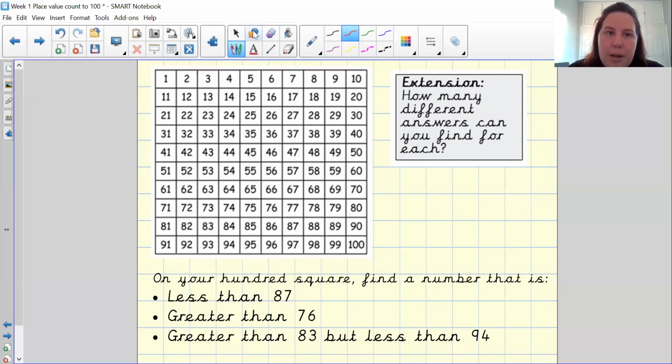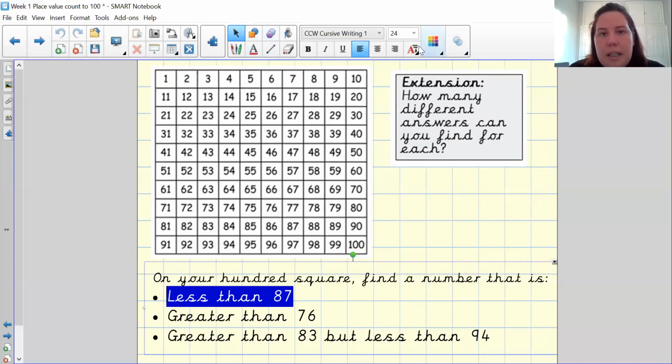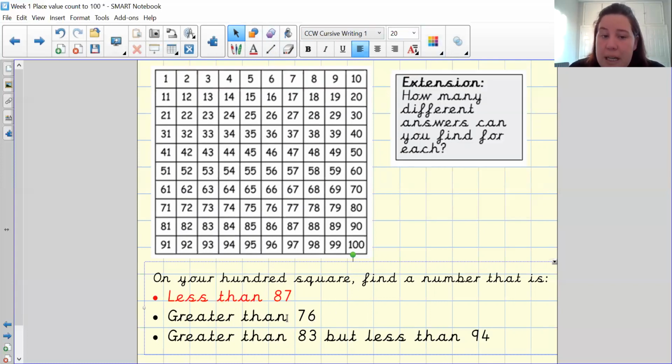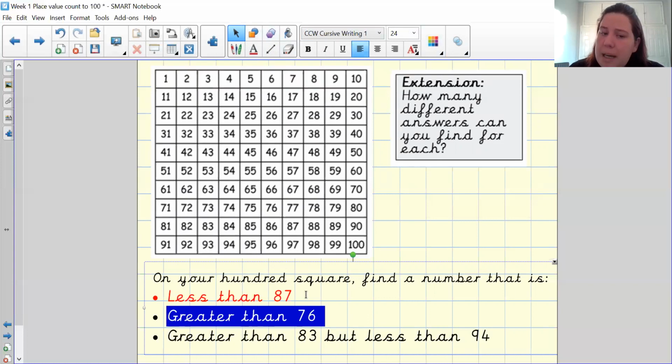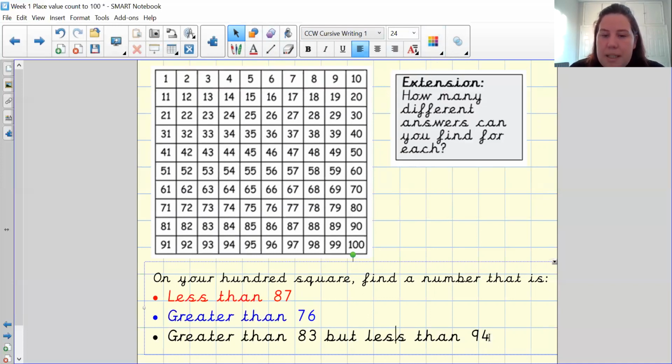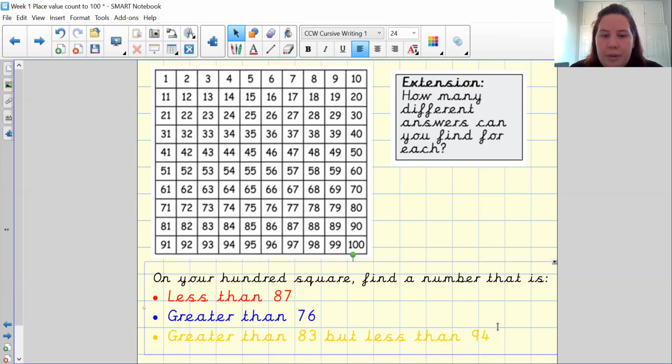So for this one, you might color the squares that are less than 87 in red. Greater than 76. So some of these might overlap, so you might have to think which ones you're going to do. You might do in blue. And then numbers that are greater than 83 but less than 94, you might color in yellow. Okay, so once you've done that, please upload them onto Tapestry as well.